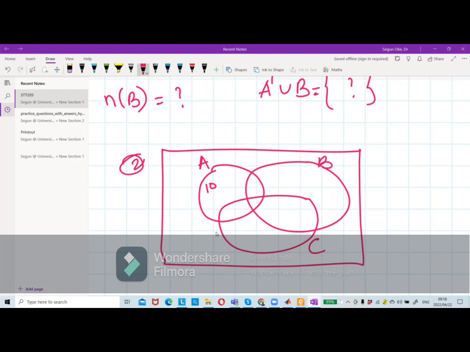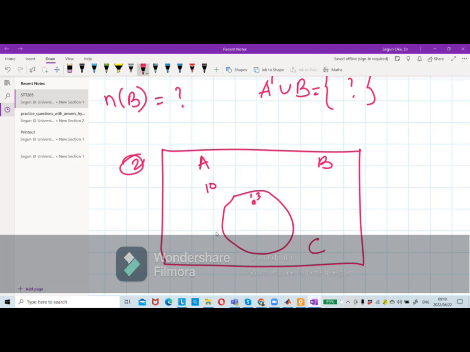Then I would need to make this one bigger so that it can contain the good number of elements that I want. 1, 3, 9. Wow. Let me try and draw it neatly.